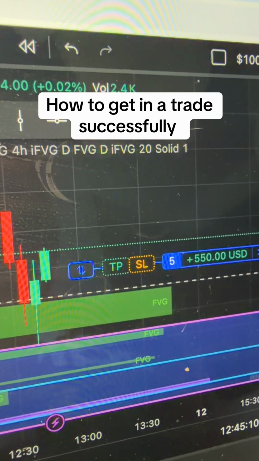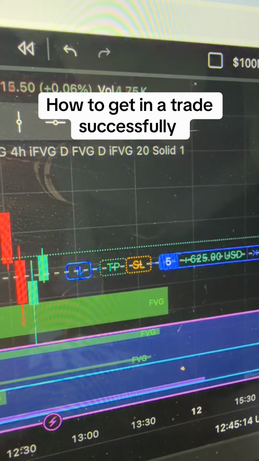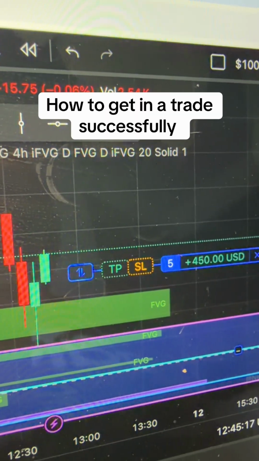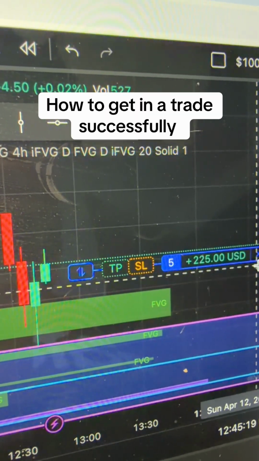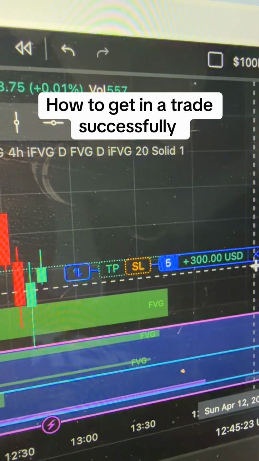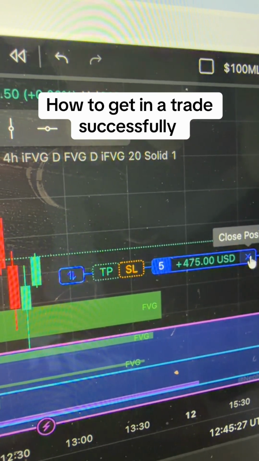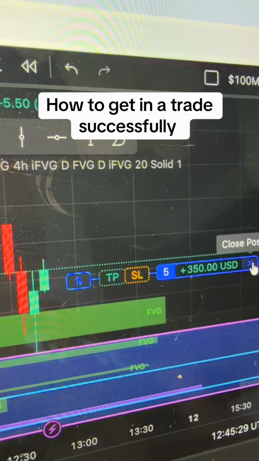It can keep going. I was supposed to set my stop loss. I didn't do it. Shame on me. But I'm just letting it roll out. Let it do its thing. Go, go, go. Stopping the video now, but you guys can see.